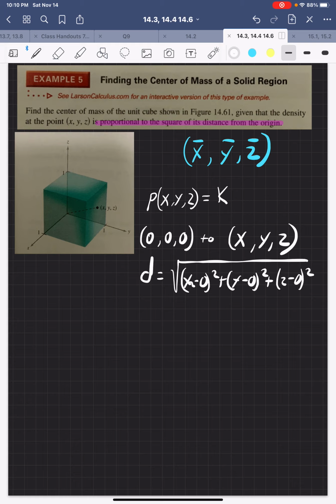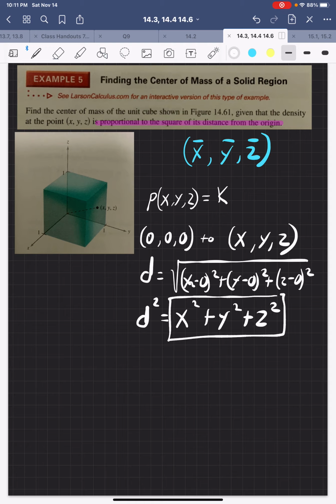But it doesn't say proportional to the distance. It says proportional to the square of its distance. So d squared, we'd have to square both sides. And of course, x minus 0 is just x, so it's equal to x squared plus y squared plus z squared.